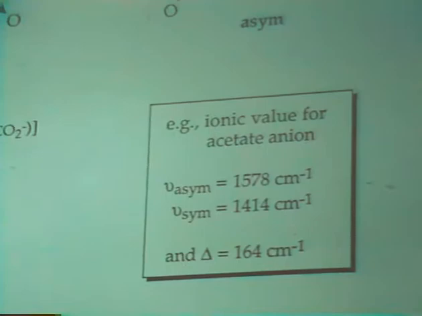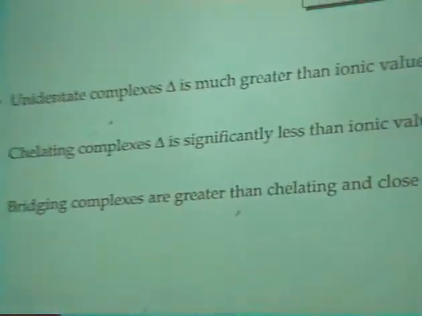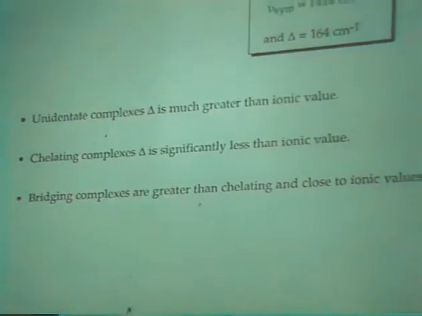Now, when the carboxylate binds in a unidentate fashion, what we generally see is that delta is much greater than this ionic value. Generally, it's above 200 wave numbers, but it's of course dependent upon what the delta is for the particular anion, because that can vary all over the place depending upon the carboxylate in question. Secondly, when you're looking at a chelating complex, delta is significantly less than the ionic value.